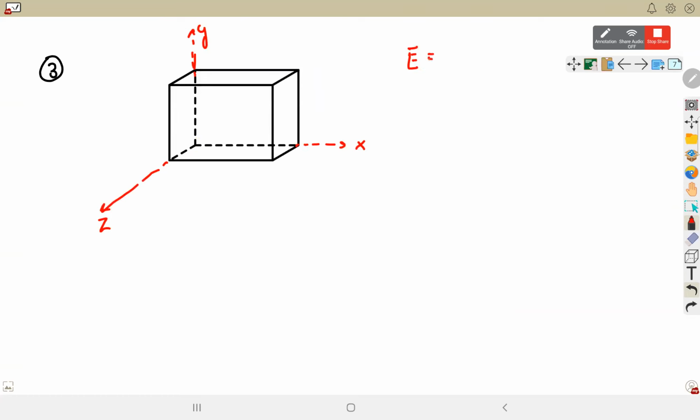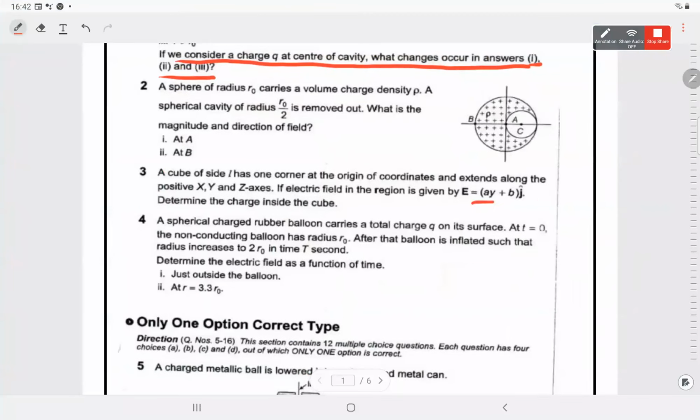Electric field in this region is given as (A y + B) J cap, and we have to find the charge.